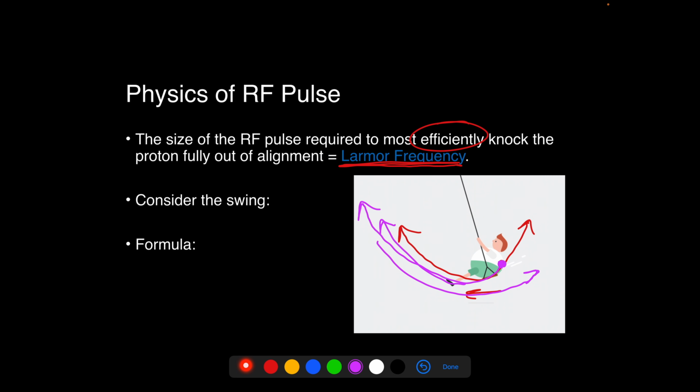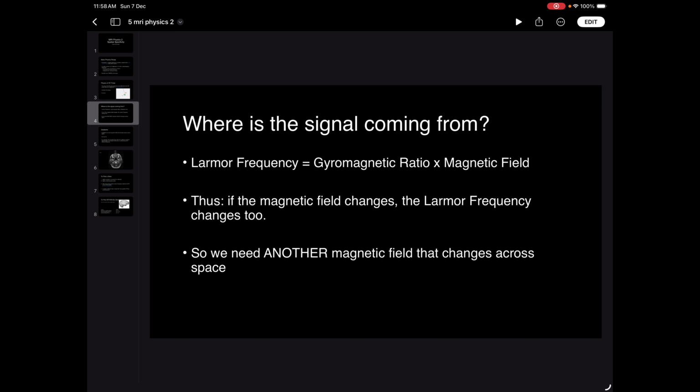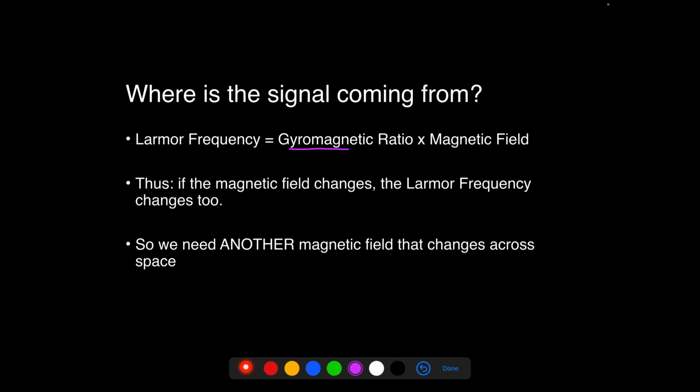The Larmor frequency has a formula, and I'll show you that in the next slide. It is that the gyromagnetic ratio is multiplied by the magnetic field. The gyromagnetic ratio is a constant for the proton, of course.